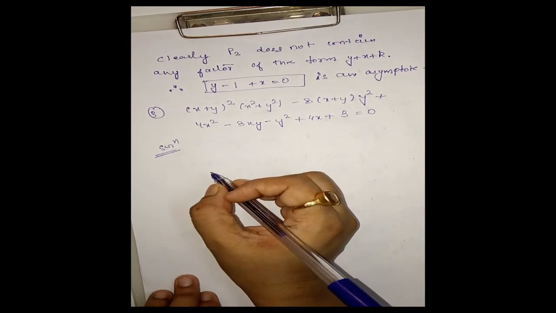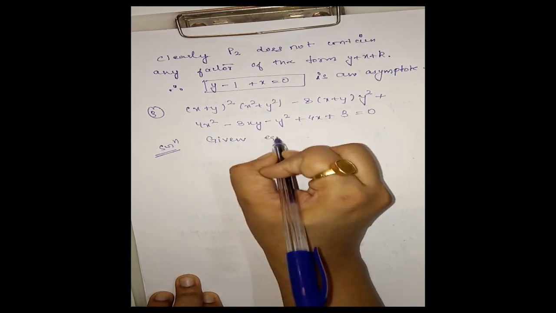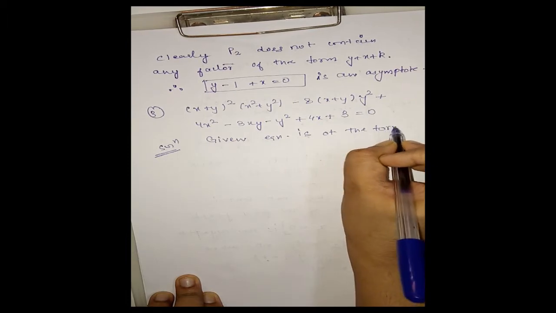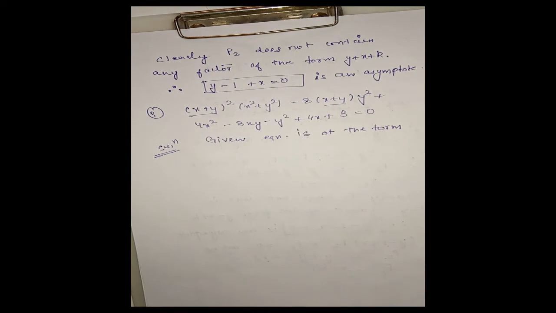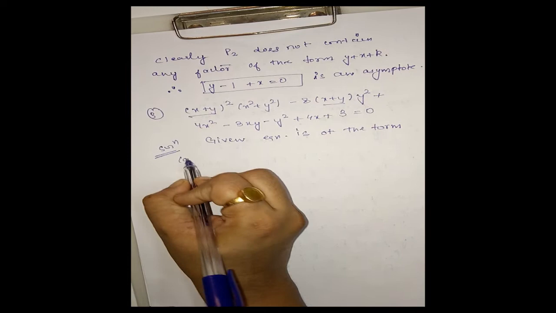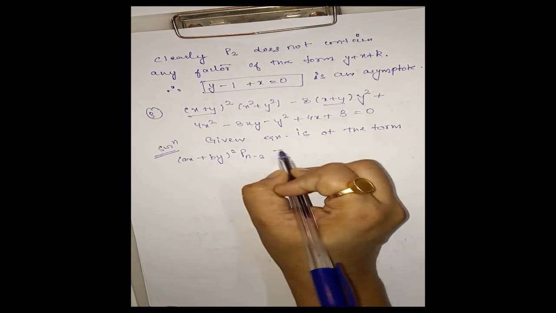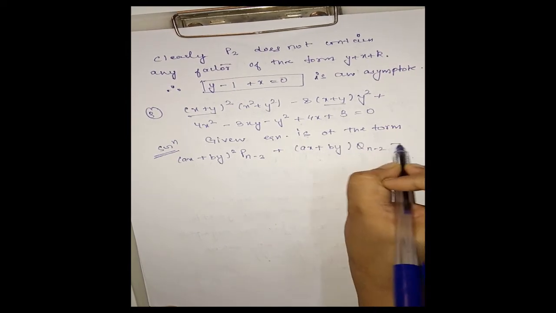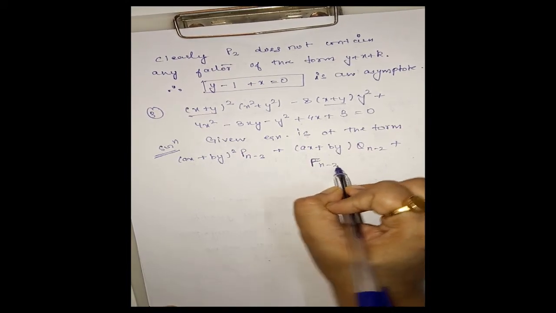Now the given equation is of the form (x plus y) square, here also we have a factor x plus y. Now this equation is of the form (ax plus by) whole square pn minus 2 plus (ax plus by) qn minus 2 plus fn minus 2.